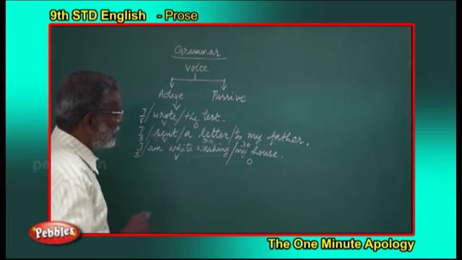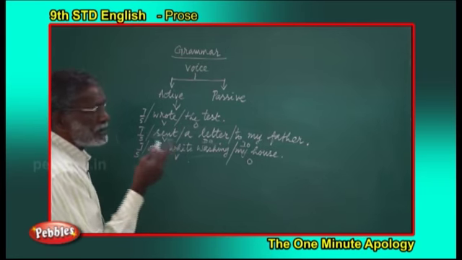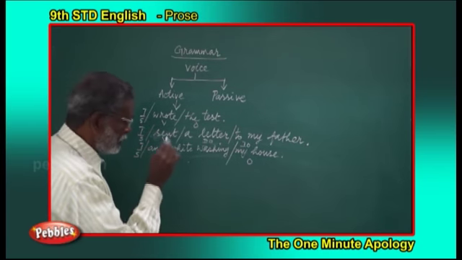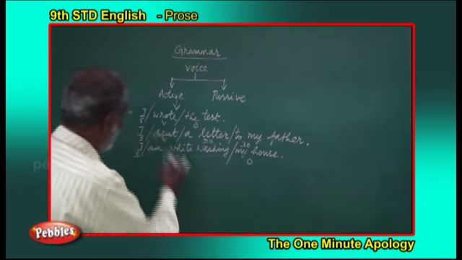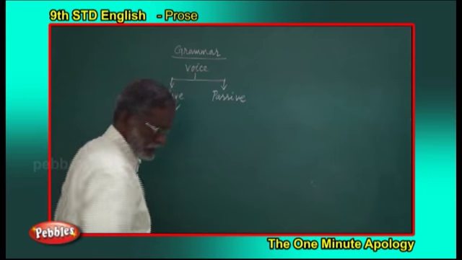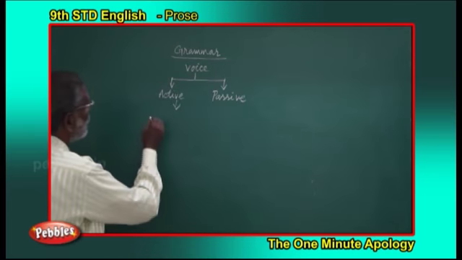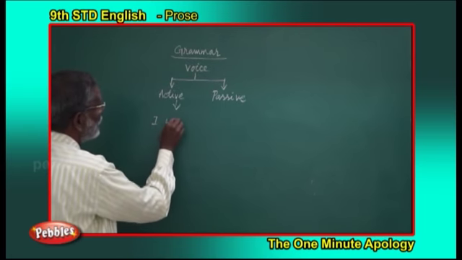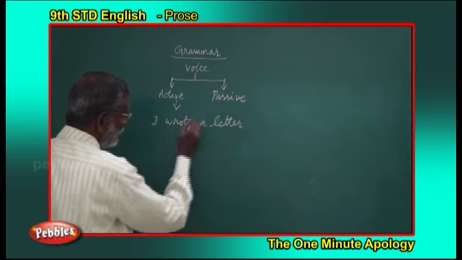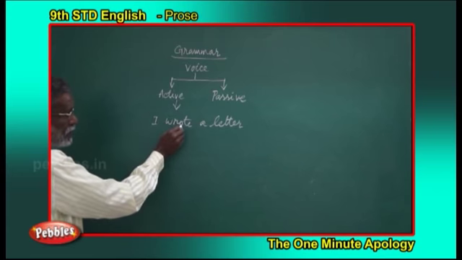Okay. But in passive, the subject is not doing anything, but instead of that, something is done to the object. See, I wrote a letter. In this sentence, the subject is doing something.